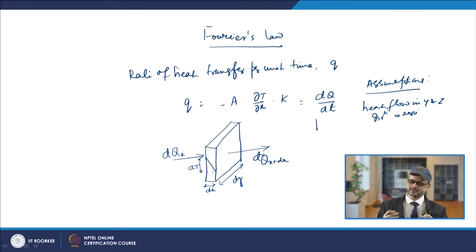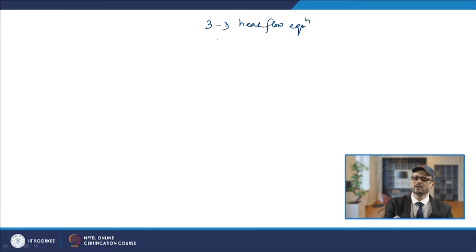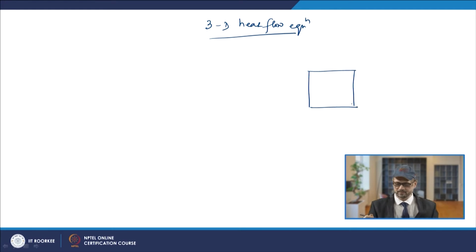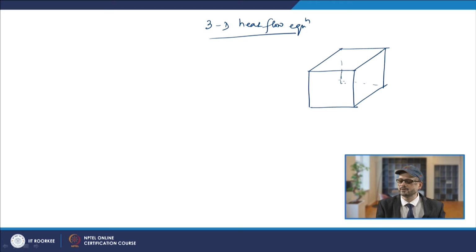Now, if you take the 3 dimensional heat flow equation, we are talking about a simple cube, and if you take a cube of this shape, you can label this as A, B, C, D, and similarly E, F, G, H. In this case the heat flow will be in all the 3 directions, x, y, and z.